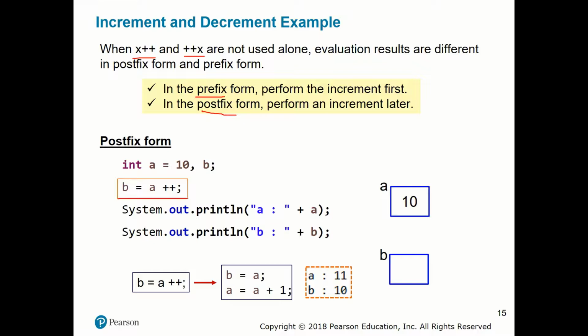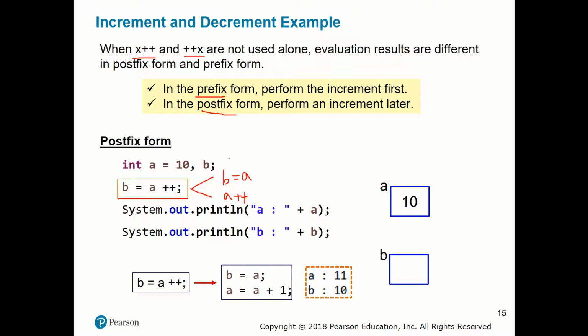One is assign A to B, and the other is A++. So, which of the two instructions should be executed first? It depends on whether ++ is in prefix form or postfix form.